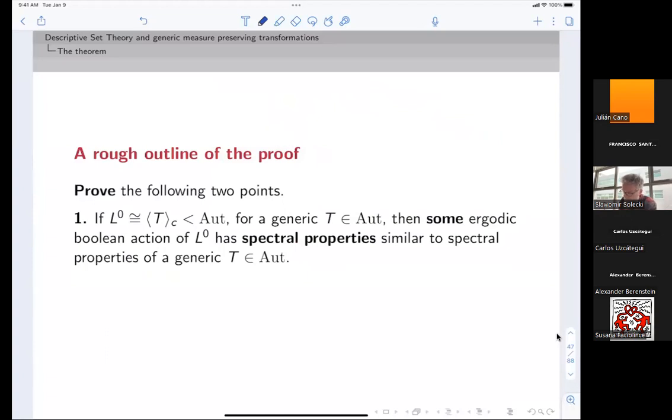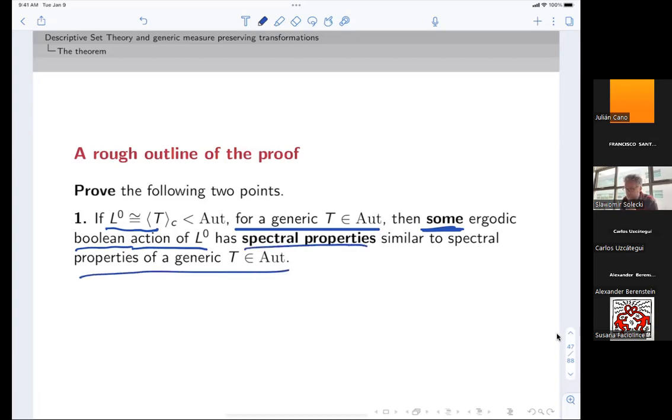First of all, one proves a conditional statement: if this were true for a generic T, then there would be some ergodic measure preserving action of L0. They call them Boolean actions, but let's just say ergodic measure preserving action of L0. There would be one that will have spectral properties similar to spectral properties of a generic T. There are many things here that I haven't defined, like spectral properties. I'll come back to it.